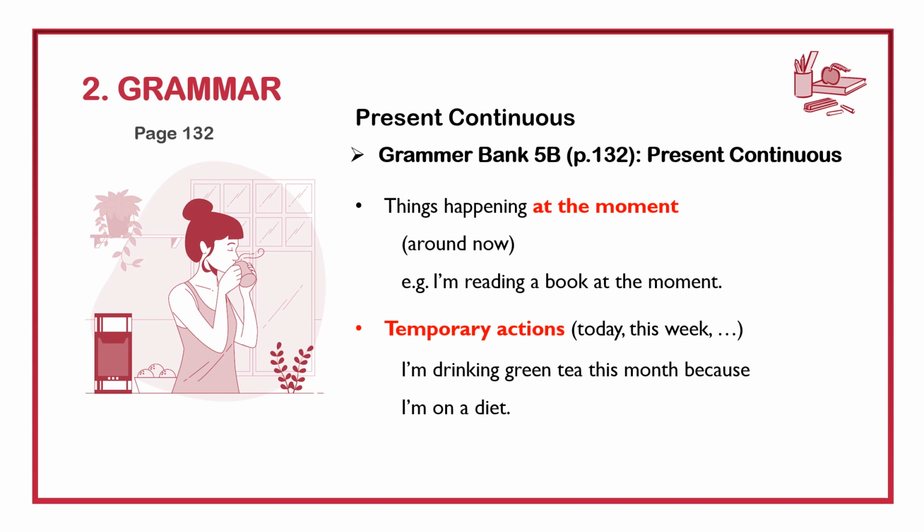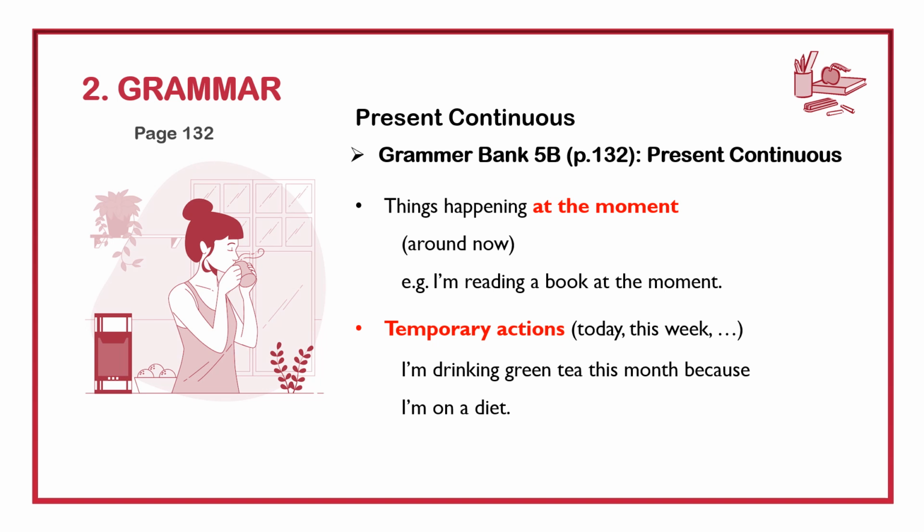I was reading my book an hour ago and then in the next 2 hours I'm going to start reading the book again. So I'm reading the book. It means I'm doing it around now, but it doesn't necessarily mean that it is right now. But you can still use present continuous for this case.